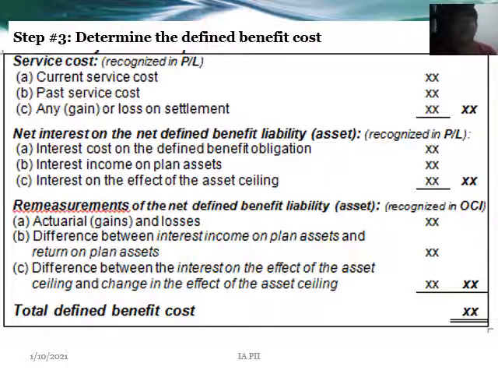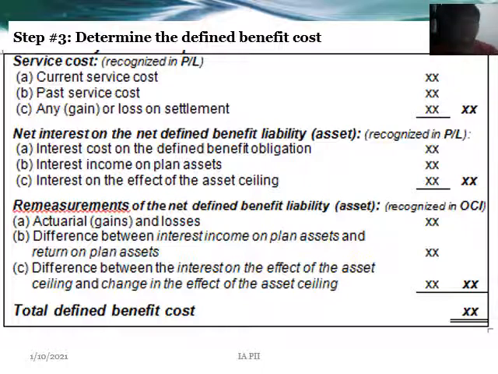While the remeasurement is separated and recognized as other comprehensive income below, after income from operation, after profit or loss. Right? In the last part of the statement of comprehensive income, there is other comprehensive income. So, that is where you put it, not in the body of the income statement or profit and loss statement.